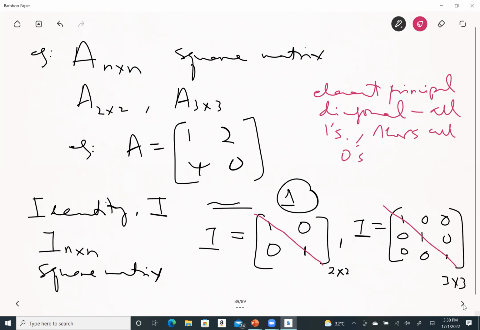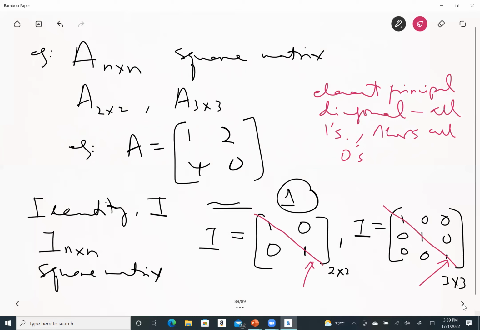Principal diagonal is the diagonal that goes from left to right. So that is principal diagonal. Okay, go down from left to right. All the elements are 1, the others are all 0. So that is identity matrix. It's a square matrix.